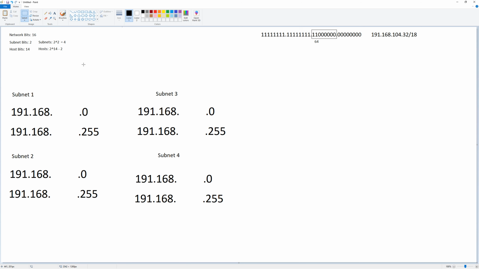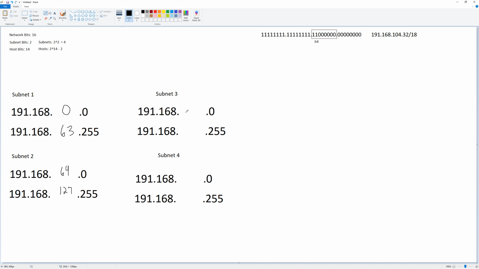So in our first subnet, again, there's 4 subnets in this network address that we're working with here. In the first subnet, I have a value of 0 and a block size of 64 up to a value of 63. And in the second subnet, with a block size of 64, it starts at 64 and goes to a value of 127.